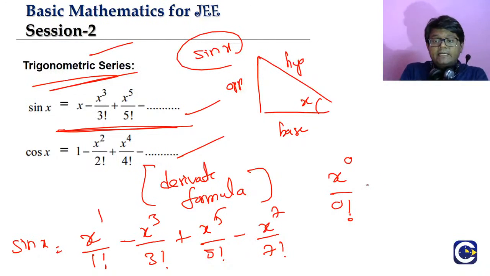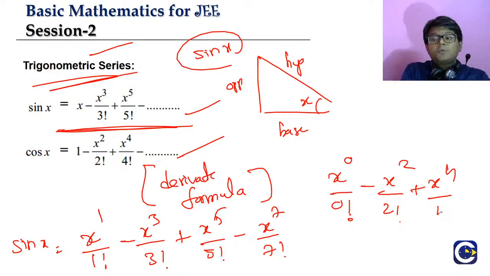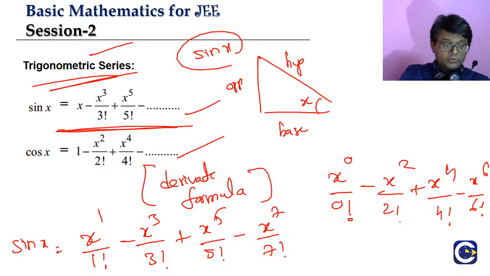First term positive, second term negative: x square by 2 factorial. Third term will be plus x power 4 by 4 factorial. Fourth term negative, x power 6 by 6 factorial, like that. And this series is going to go on up to infinity. So this is the trigonometric series. Okay guys, so we are seeing sin x and cos x.